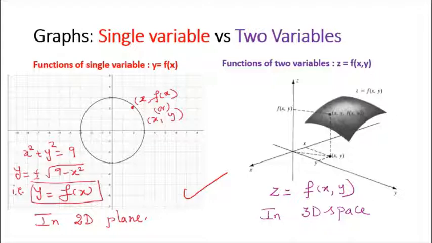Y is equal to f of x, in two-dimensional space. Whereas if you take a function of three variables, as shown in the second diagram, z is equal to f of x, y, z is a function of x and y. There are two variables, and together with the variable z, it will give us curves or surfaces in the three-dimensional space.